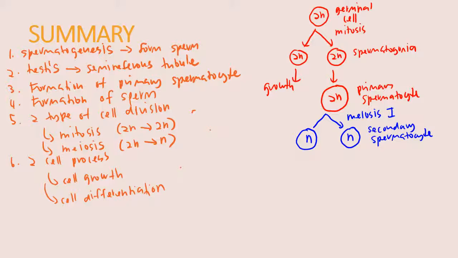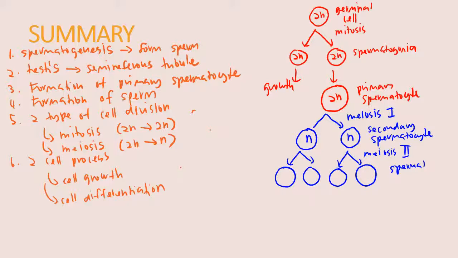The secondary spermatocyte will continue with meiosis 2, and it will form the spermatid, which is also a haploid cell.